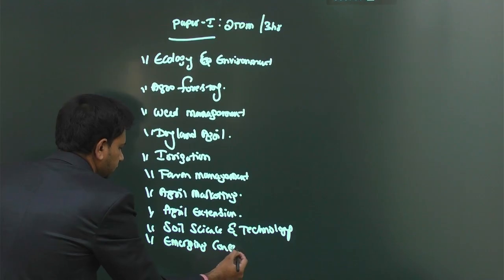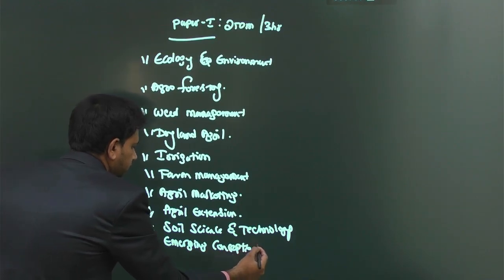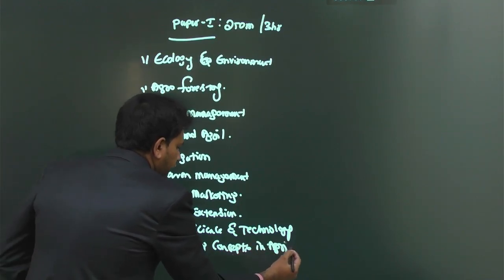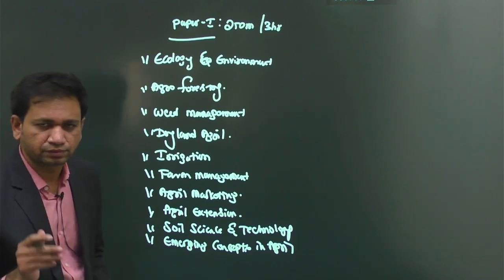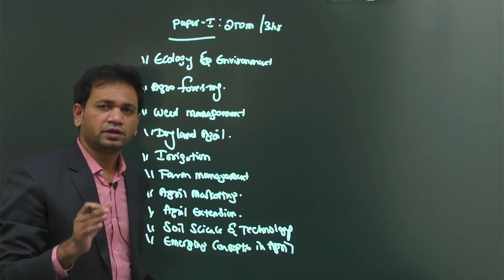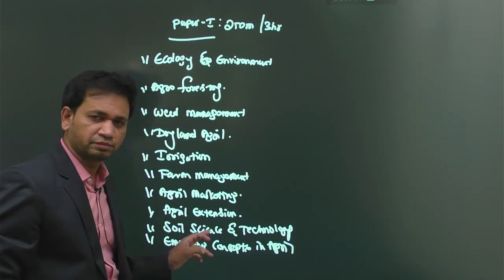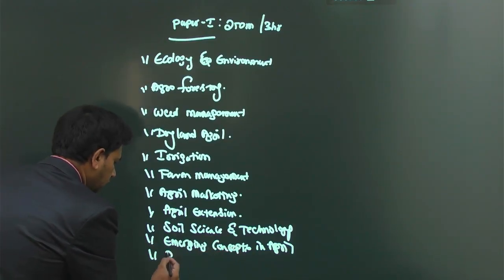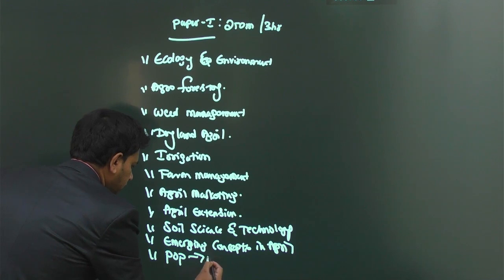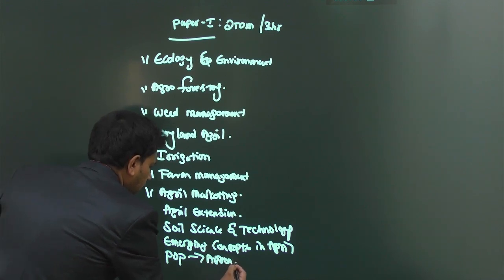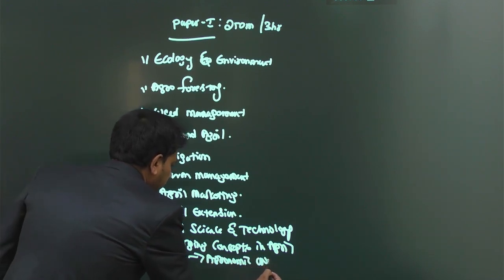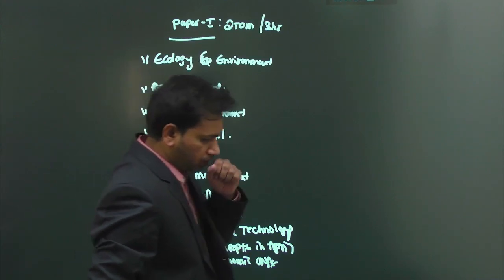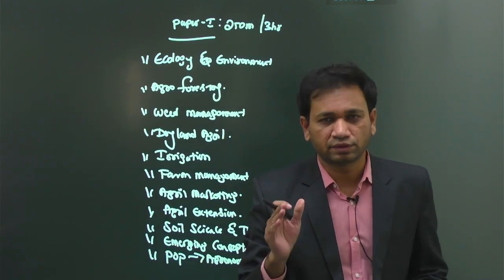This means whatever issues we have in the newspaper, we used to get questions on them from emerging concepts in agriculture. Apart from that, we have the package of practices for the major agronomic crops. In the UPSC, these are the basic subjects that come in paper one.